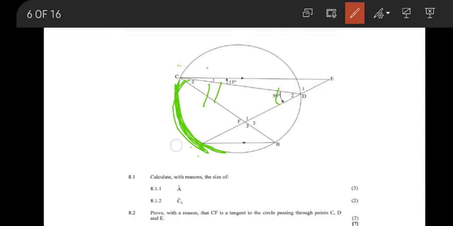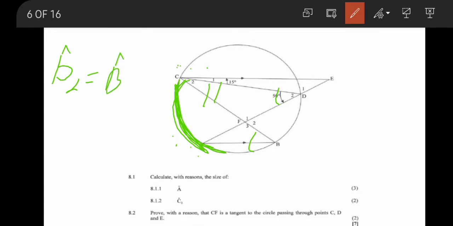And then we have CD again subtending the arc CD, subtending B, right? Now we can conclude that since D2 and B are subtended by the same arc CA, they must be equal. Then we can say D2 is equal to angle B.